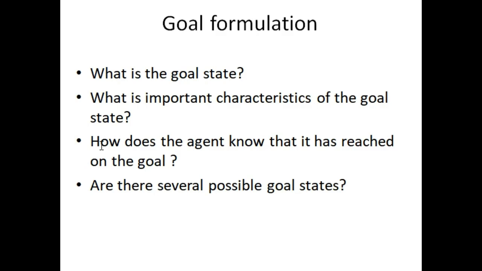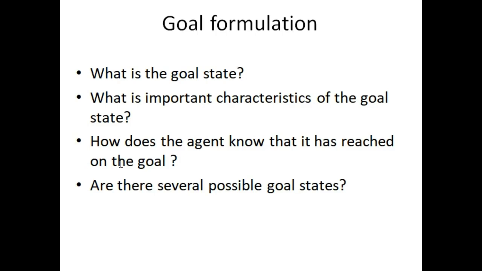The third question: how does the agent know that it has reached the goal state? This is also a very important question, that is, how the agent can measure the important points or characteristics to know that it has reached the goal.